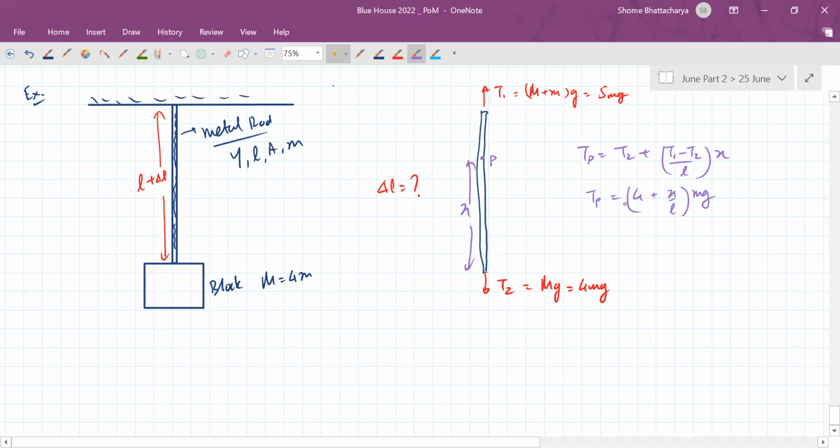This kind of tension. So stress, so once again we can see that stress is linear with respect to x.